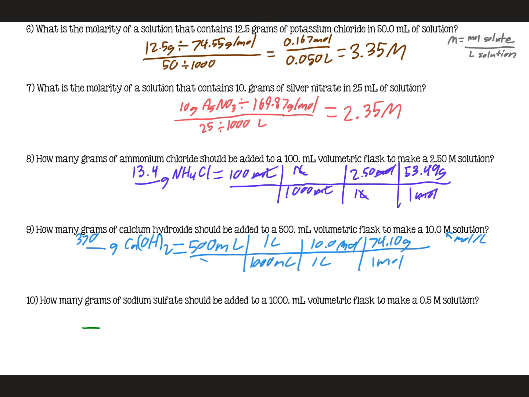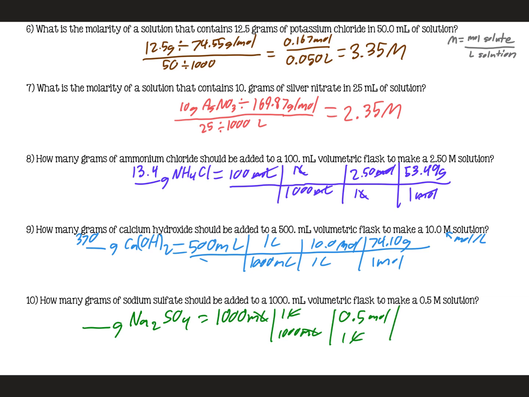Finally, we want to know how many grams of sodium sulfate, or Na2SO4, should be added to a 1,000 milliliter volumetric flask to make a 0.5 molar solution. We know that 1,000 milliliters is 1 liter, and then we also know that 0.5 molar means we need 0.5 moles for every 1 liter of solution.